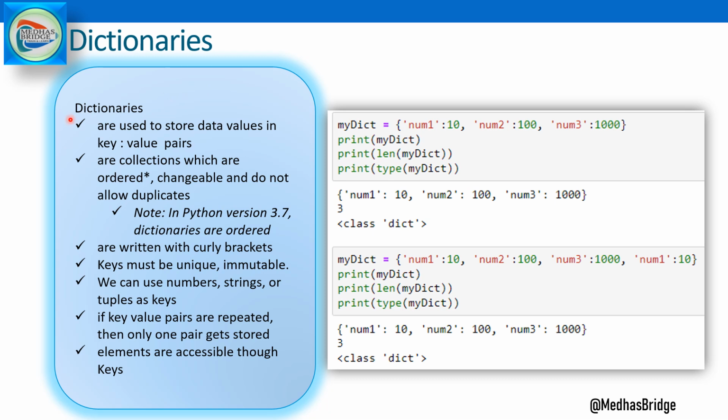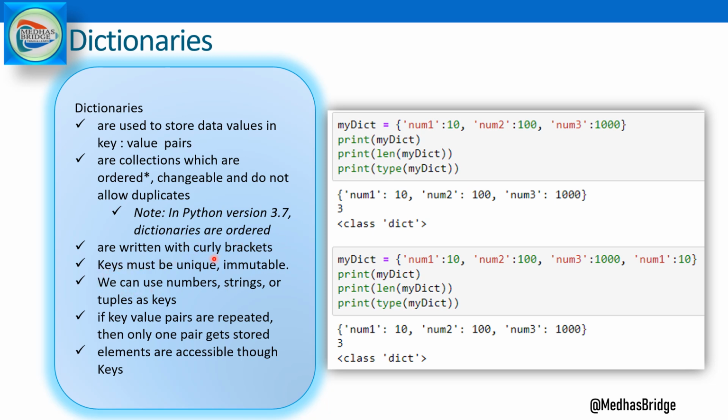Dictionaries. Dictionaries are used to store data values in key value pairs. Dictionaries are collections which are ordered, changeable and do not allow duplicates. Note, from Python version 3.7, dictionaries are ordered.